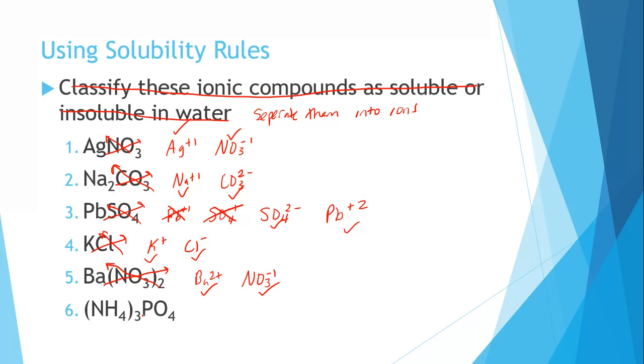And the last one, if we uncross it, the 3 can uncross because it's outside the parentheses. There's nothing here outside the parentheses because it's understood 1. We get NH4, 1 positive, and then PO4, 3 negative. If we check it, both of these are correct on the polyatomic chart.